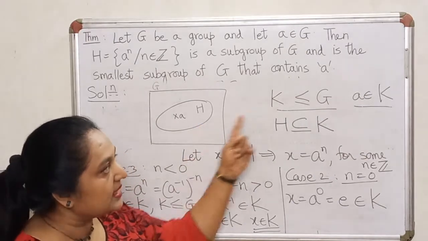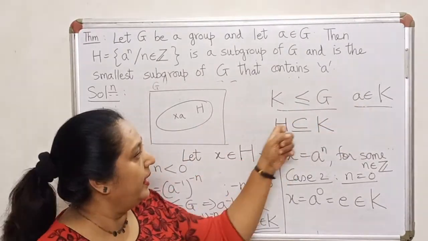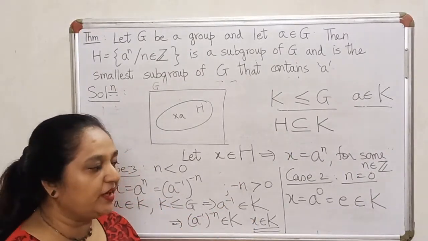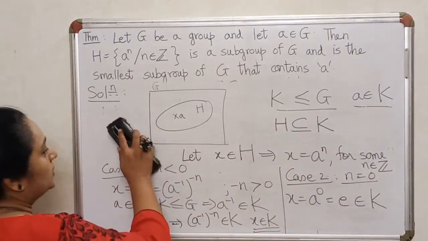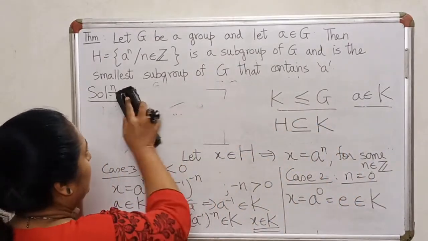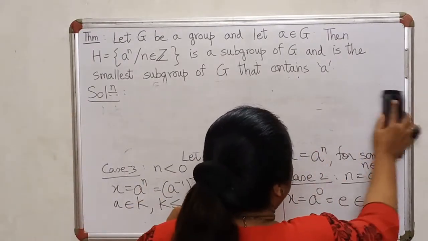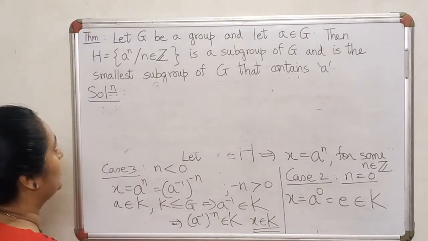So out of all such subgroups which contain the element A, H is the smallest. And this is a very special subgroup. Notice that in H, the most important thing is A. Once you know A, you know all elements of H. You simply have to take different integral powers of A.